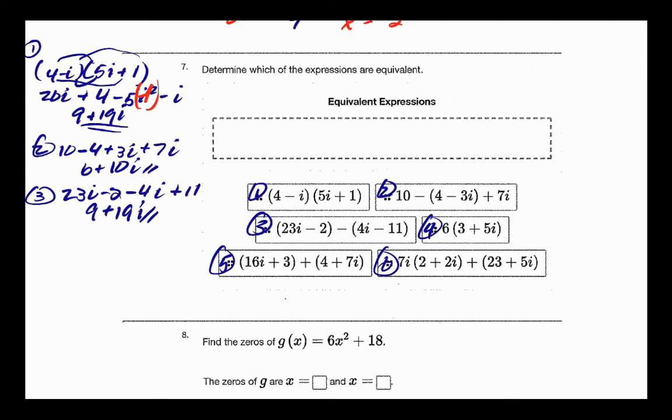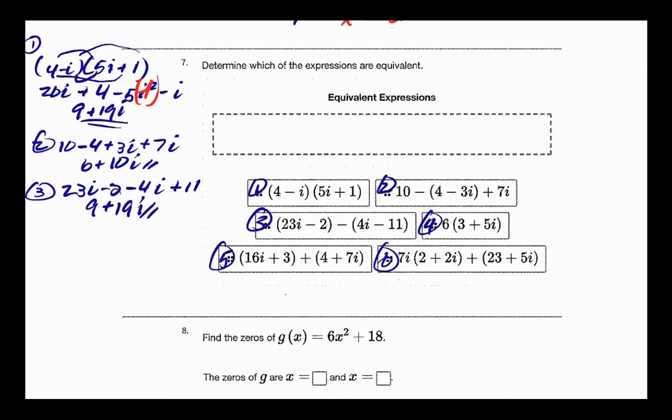But I told you again, you have to go through all of them, people, just to make sure. So number 4 here, I'll distribute that 6, so that'll give me 18 plus 30i. That was an easy one, and it's not one that's together.